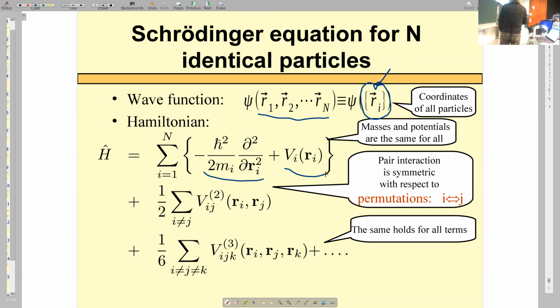At the moment, with index i, these are distinguishable particles, so all these particles might have different mass and might feel different potential energies. All right, let us see if you understand what we need to do to make this Hamiltonian identical. Right, I can do it on the spot. I made the mass the same for all particles.